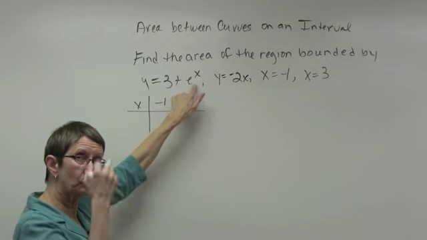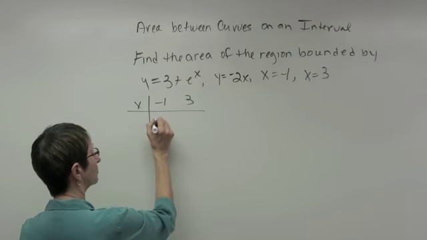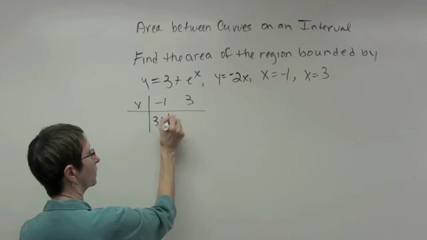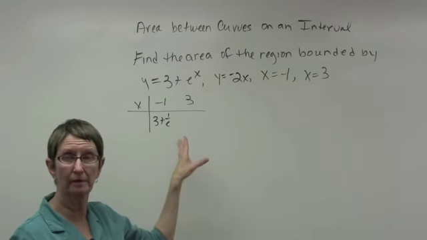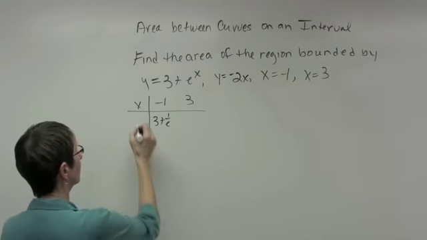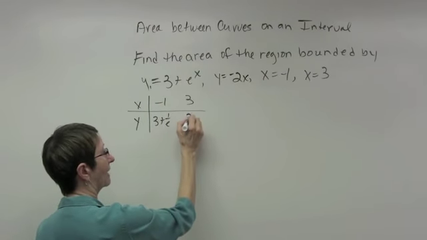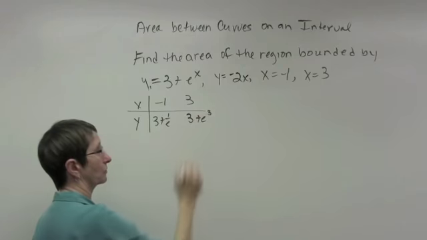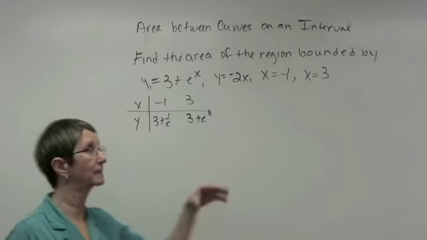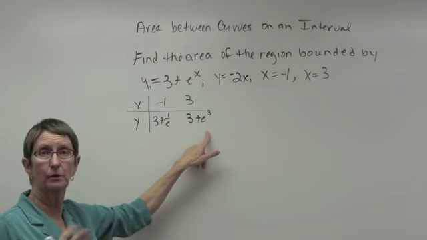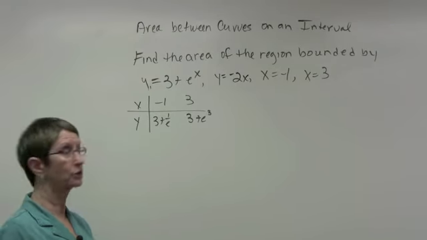Well, e to the -1 is 1 over e. So this would be 3 plus 1 over e, which is just a little bit bigger than 3 for my first function. And if I plug in 3, I have 3 plus e to the third. e to the third is definitely bigger because 2.7 is almost 3, and 3 to the third power is very large.